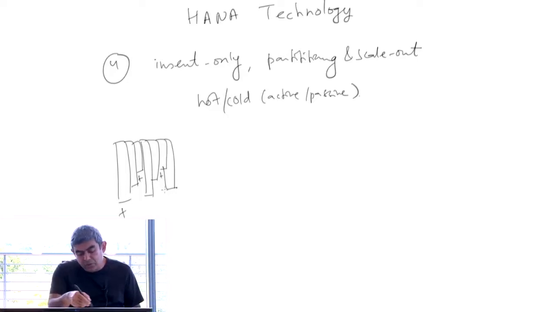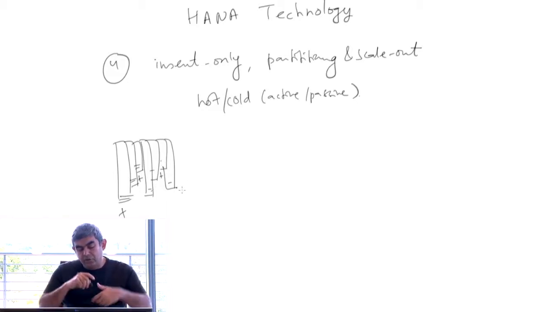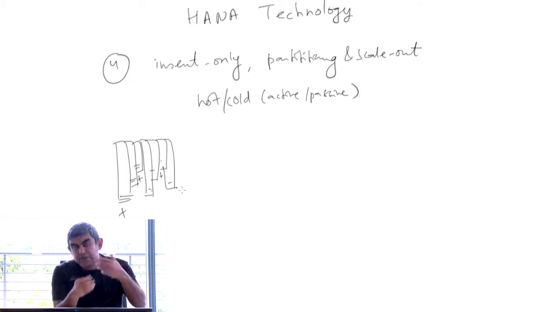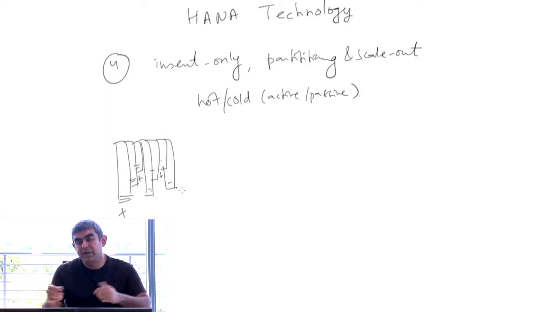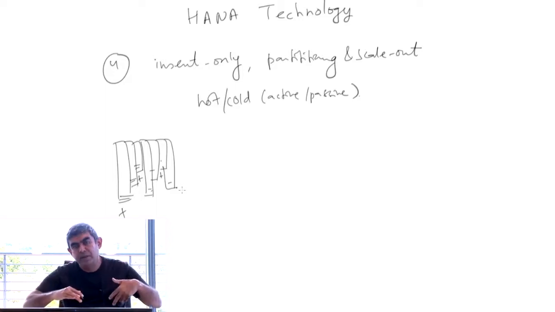Adding a new entry means taking a part of that record and just making the right insert in the appropriate place, and you invalidate the previously held entry. So even when you have to update a piece of information, like the address of a customer, in column stores it is very advantageous to simply create a new entry and then, as a separate process, invalidate the previous entry that you had.